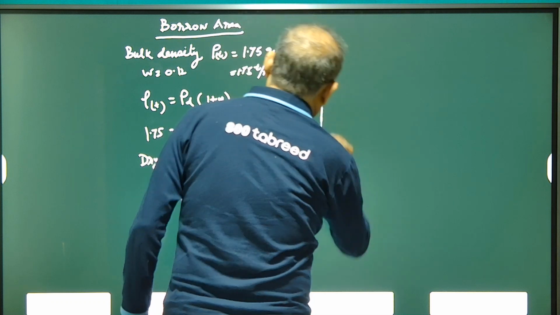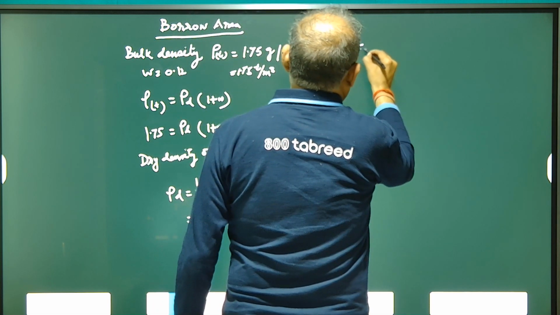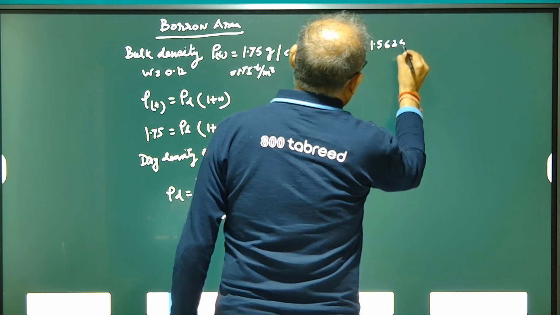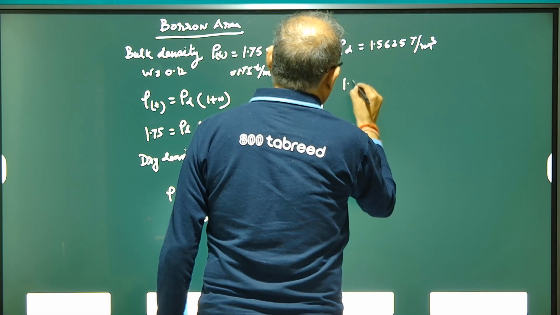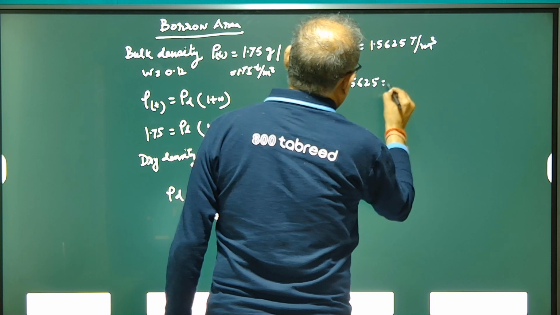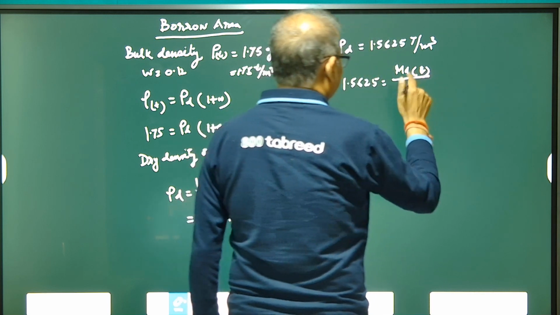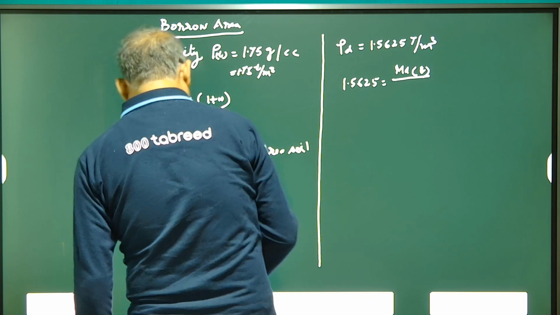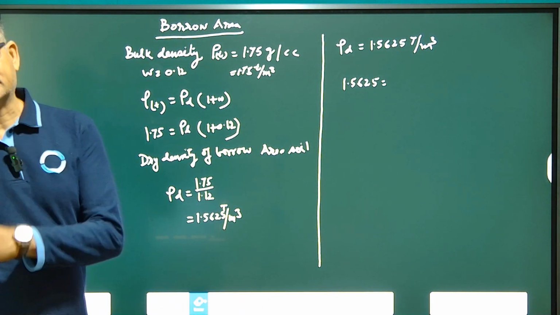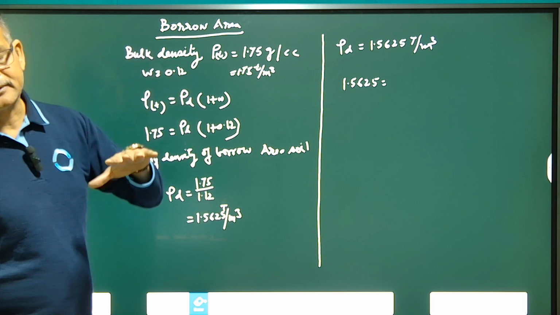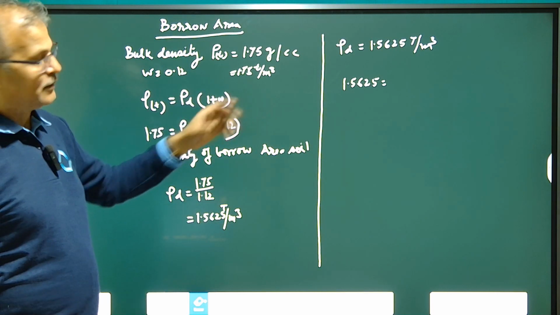Once we know the dry density of borrow soil, 1.5625 ton per meter cube, the mass of dry soil to be brought from the borrow area is equal to the mass of dry soil required in the embankment, which we had already determined in the previous step, 1650.